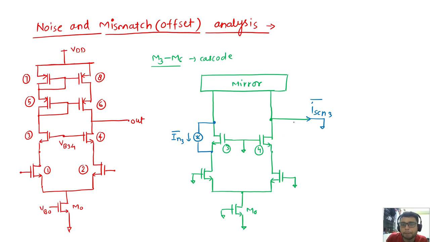How can I break this source so that we can analyze what amount of current is coming from the upper side and what amount of current is going down side, so that we can calculate exactly the contribution at the output noise current. So I will apply one concept that if there is a current source like this, it can be split into two parts like this.